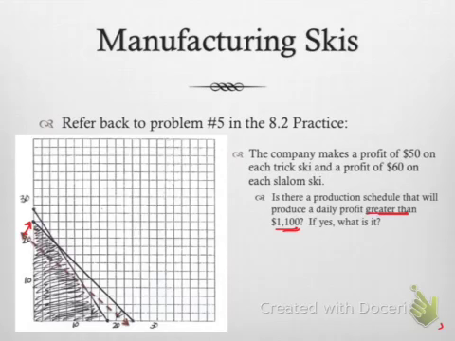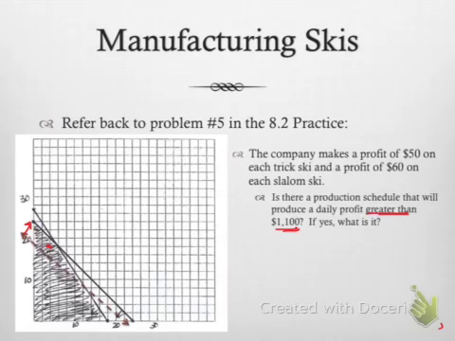And so anything within the shaded region still, but that is above that $1,100 line, would be a possibility for earning even more money. Okay, so it says, if yes, what is it? So if we just come up with a particular point, it might be a point like right there.